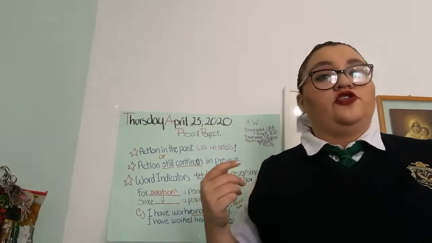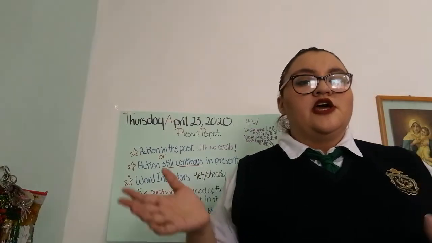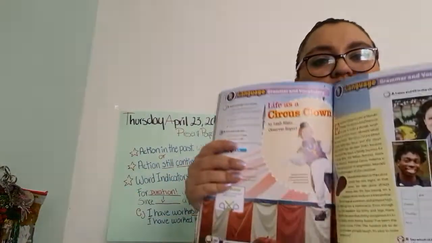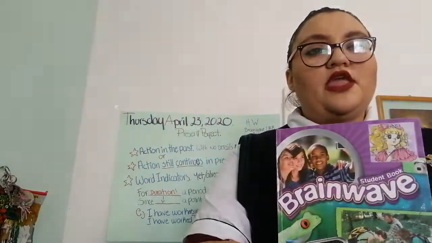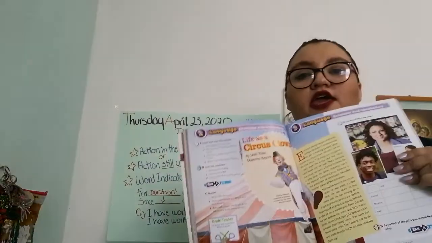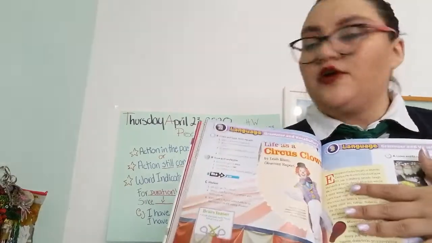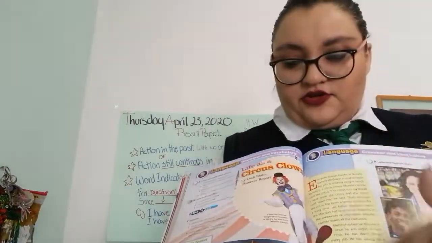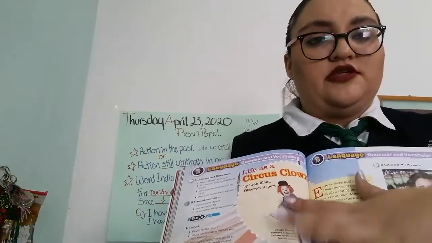Now, on to the homework. Today it's really fast, it's not that complicated. We're gonna go on our Brainwave, the color one, this one, and we're gonna look up page 91 and read the circus story. We just need to read this, that's it.